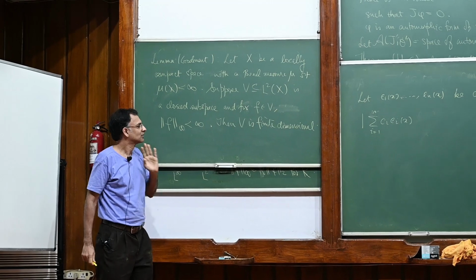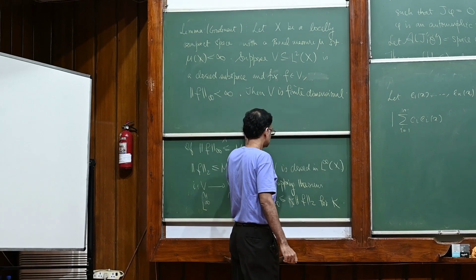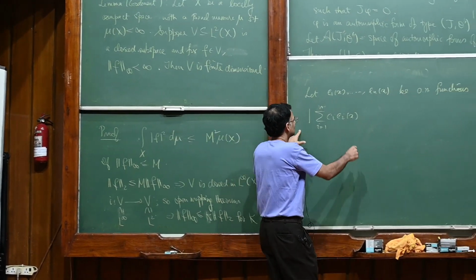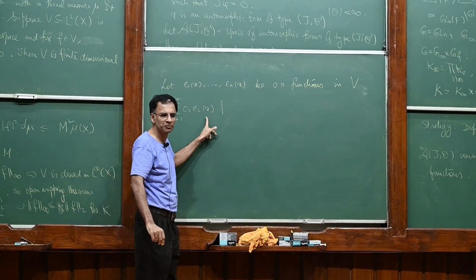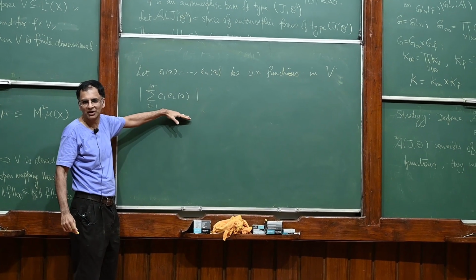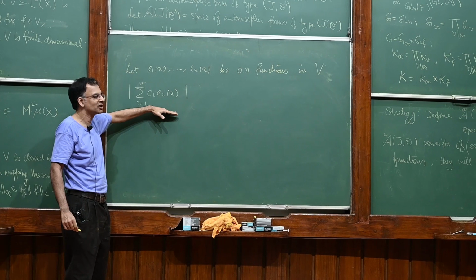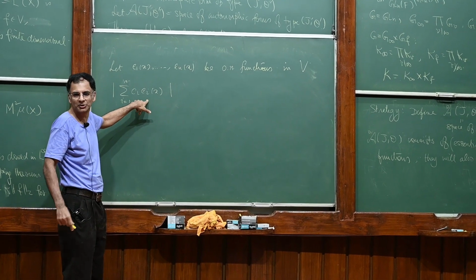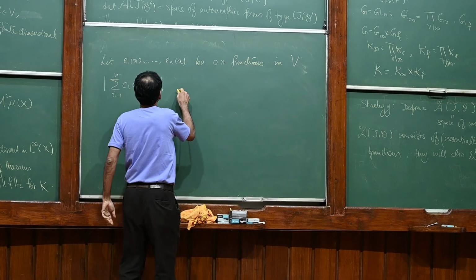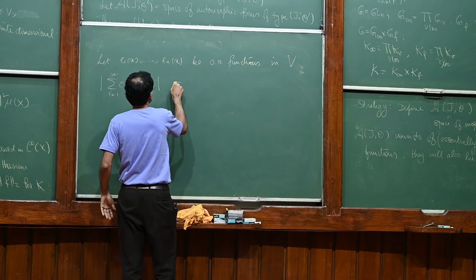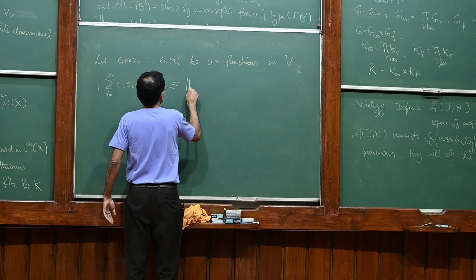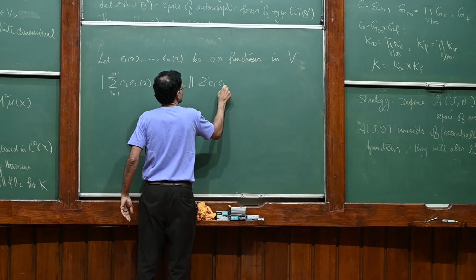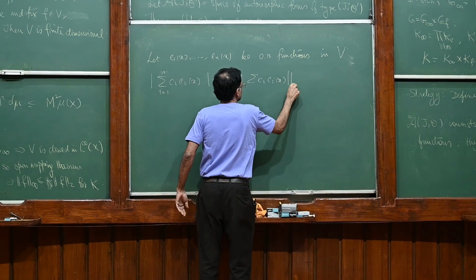Okay. Good. So let's look at this. Obviously, this is less than the sup norm of this function, and the sup norm of this function is less than K times the L2 norm, and the L2 norm of this function is just the summation of c_i squared, raised to a half.